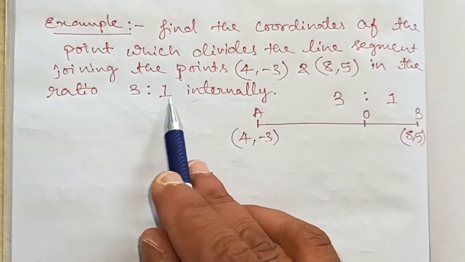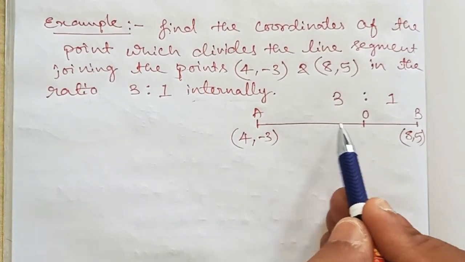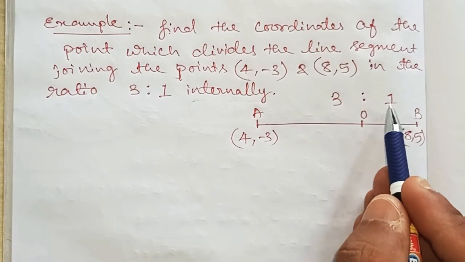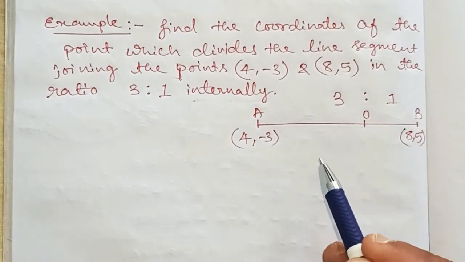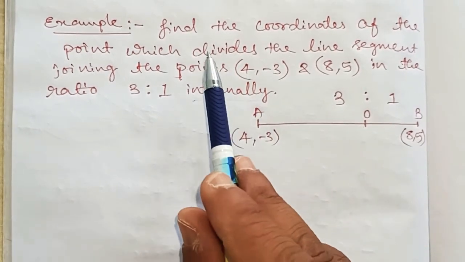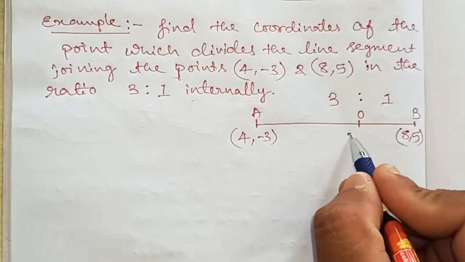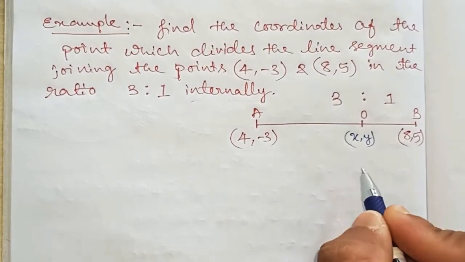This much part is 3 and this much part is 1. We have to find the coordinates of this point, x comma y.